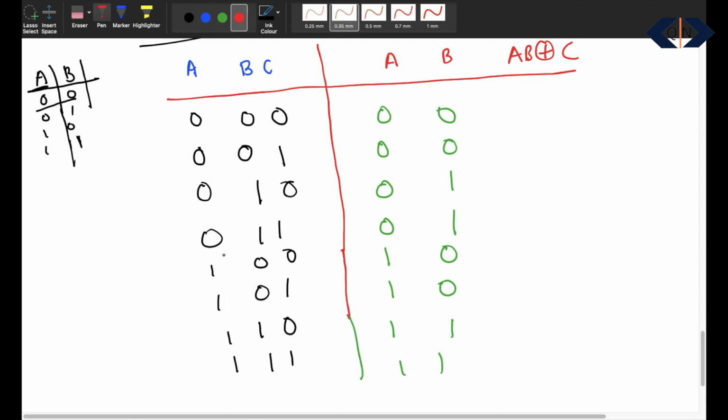Should I draw a line also as a separator? Yep.